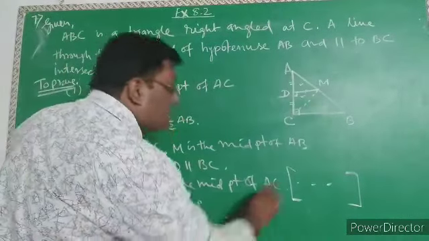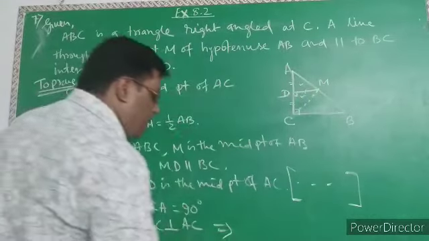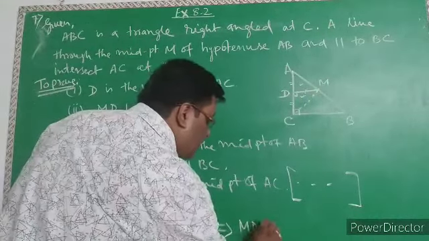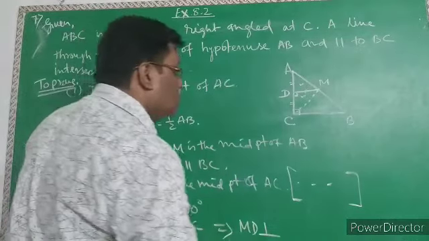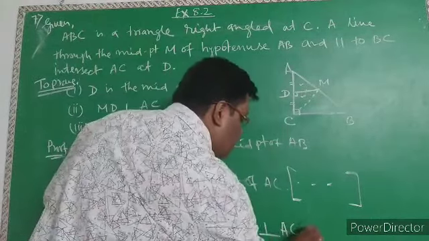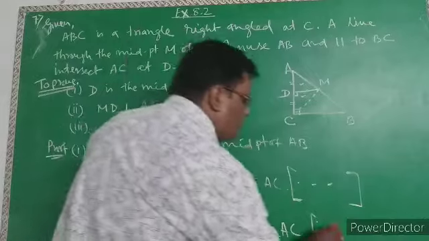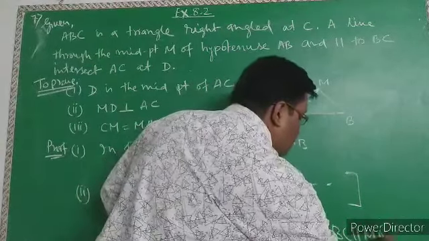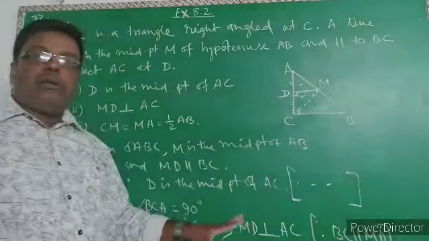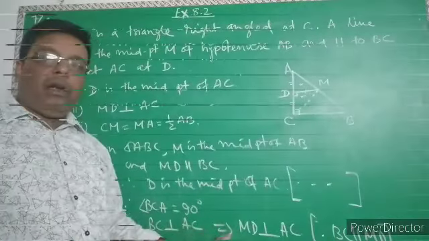So this implies BC and MD are parallel, right? MD is perpendicular to AC. That means BC is parallel to MD. So this is another proof.